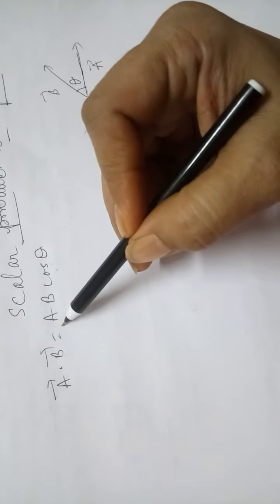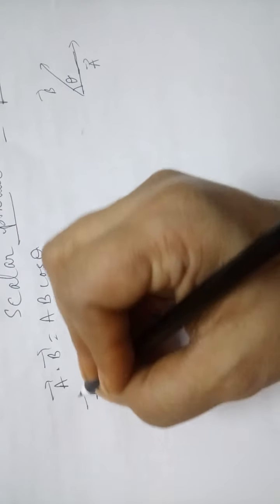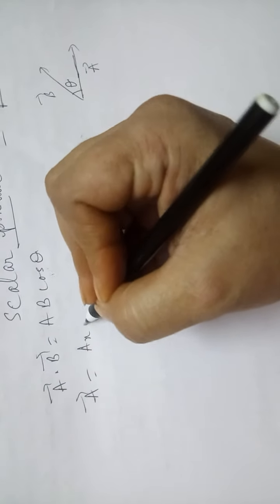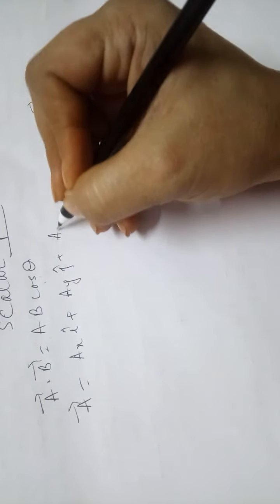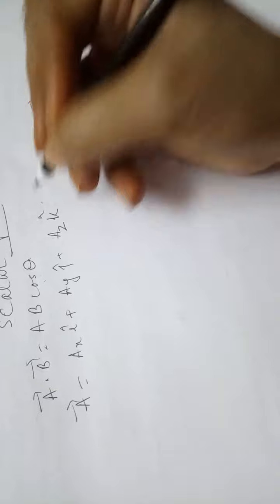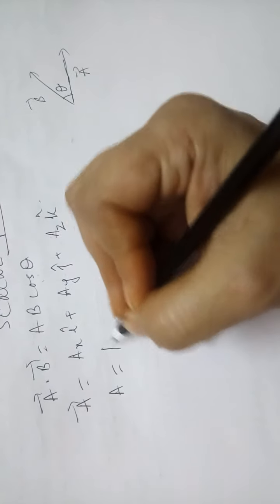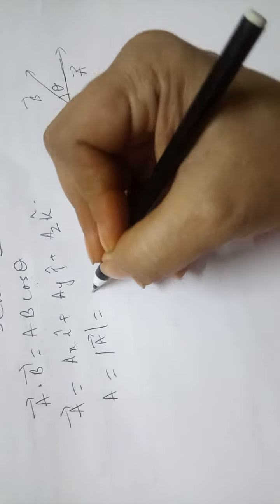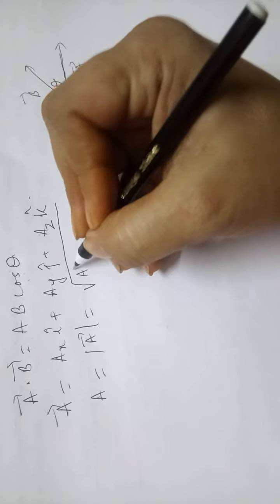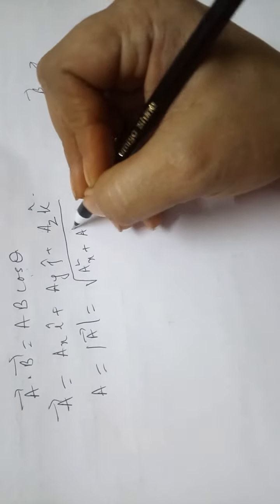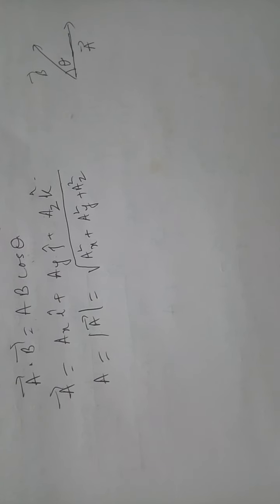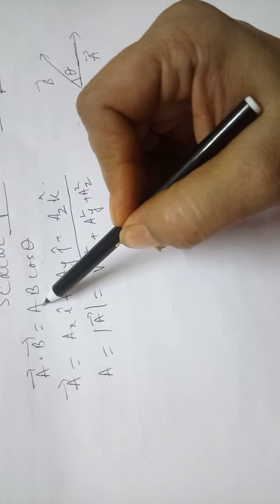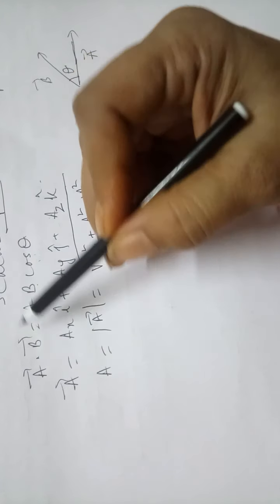Now suppose vector A is written as ax i caret plus ay j caret plus az k caret. Then the modulus of A vector is the square root of ax squared plus ay squared plus az squared. That is the magnitude of A vector. A stands for the magnitude of A vector, and similarly B stands for the magnitude of B vector.